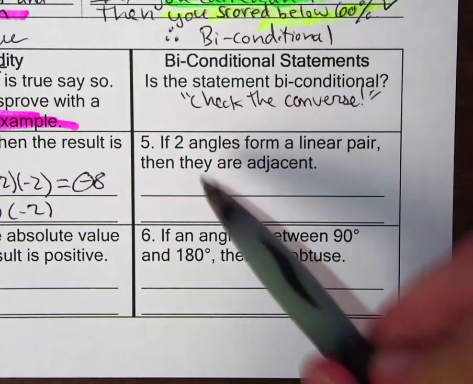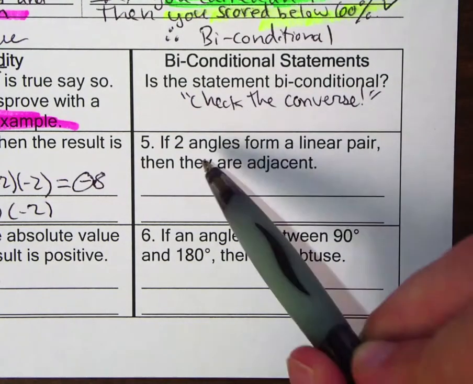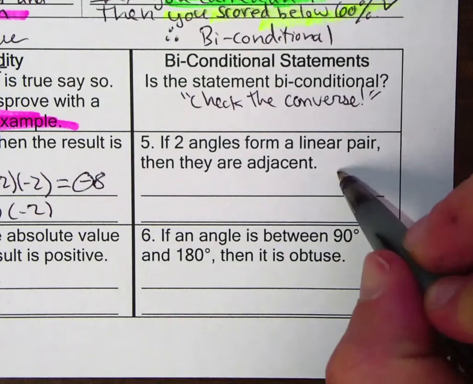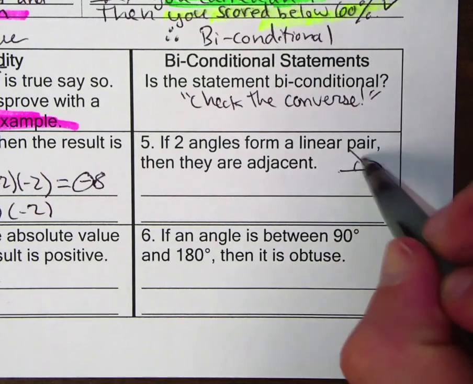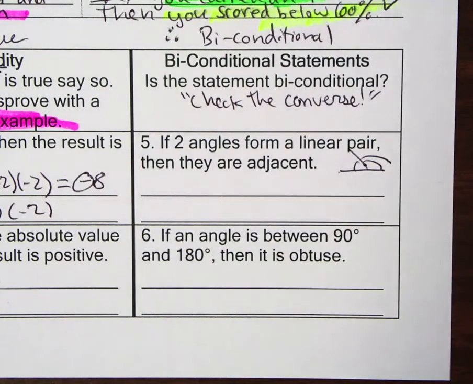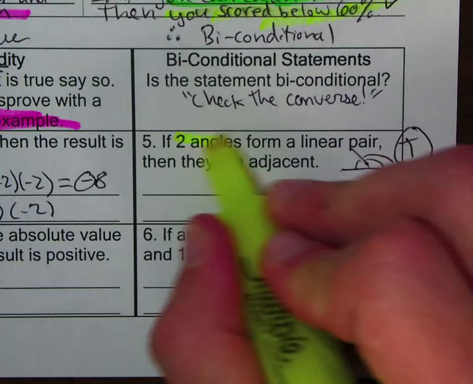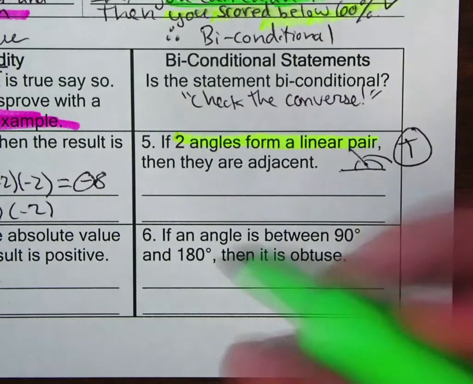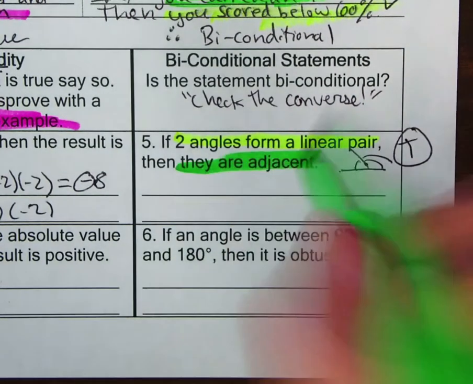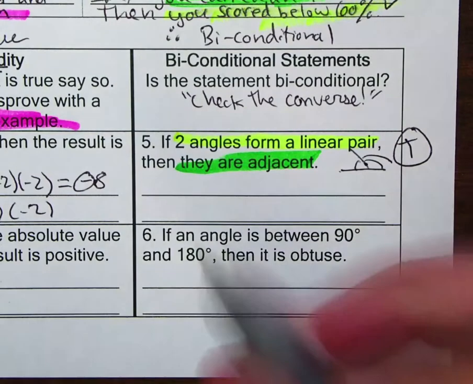So let's see. If two angles form a linear pair, then they are adjacent. We got two angles making a linear pair. Sure, they're adjacent by definition. That right there is true. Now, let's go ahead, highlight the hypothesis, highlight the conclusion, and now let's switch them.